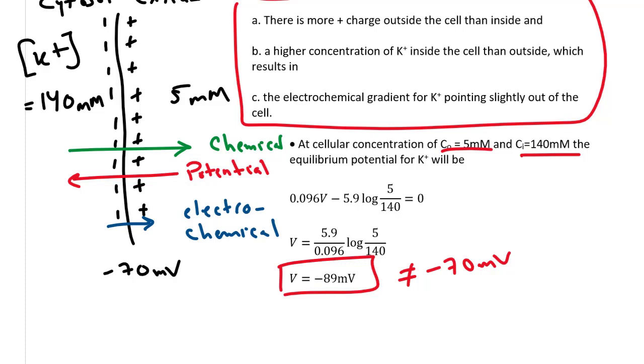So, since this membrane is permeable to potassium because of the potassium leak channels, constantly potassium is leaking out of the cell into the extracellular solution. But it is not allowed to reach equilibrium because the sodium-potassium pump is pumping potassium in constantly into the cell. So you have the situation where potassium is being pumped in, but it's also leaking out. Potassium is never allowed to reach equilibrium.